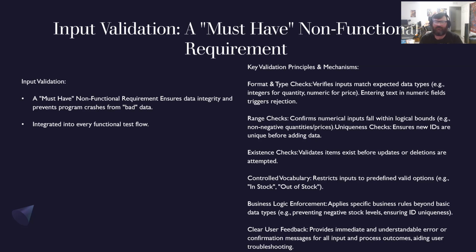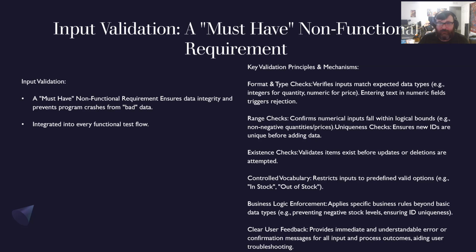So by putting in validators as often as possible, we're being as specific as we can to try to overcome some of those things that may lead to bad data, such as a system having a hiccup or hallucination. The way we can do that is by following these key validation principles and mechanisms.